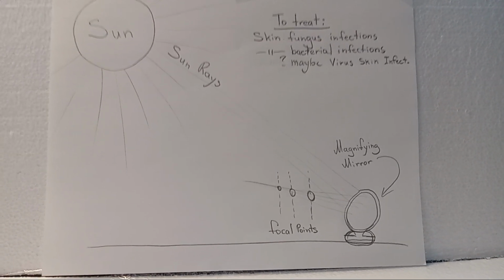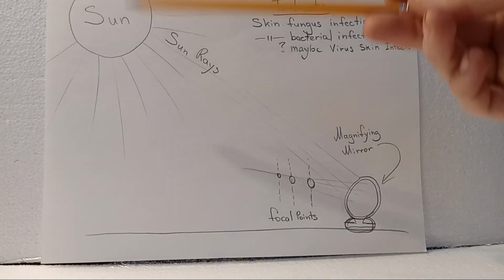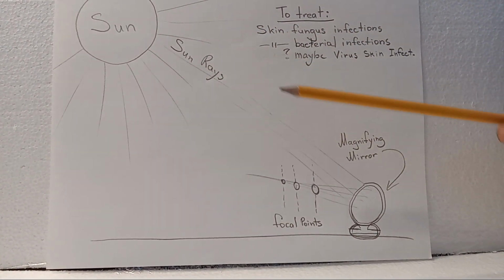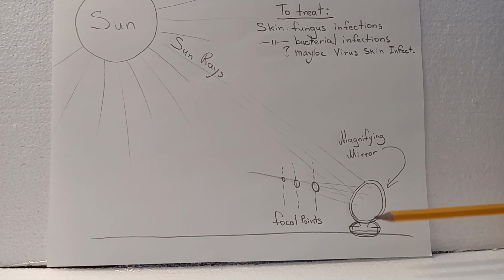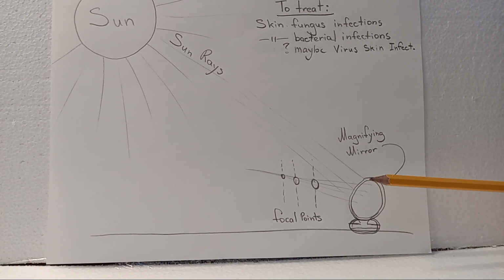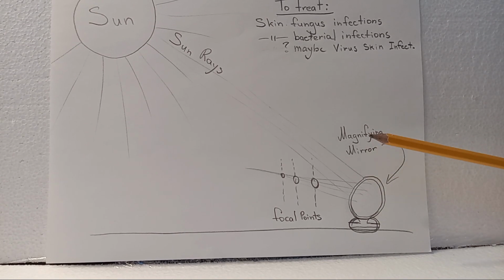And so here is my setup. Here we have a sun with the sun rays coming out from it. Then on the ground level, I will install a magnifying mirror.